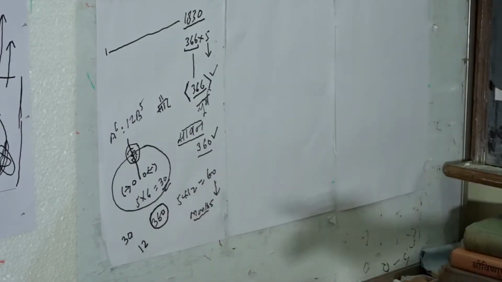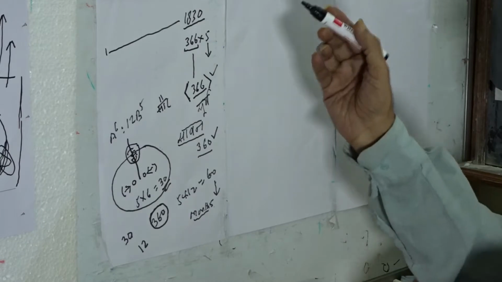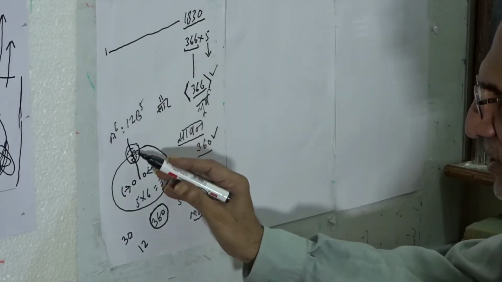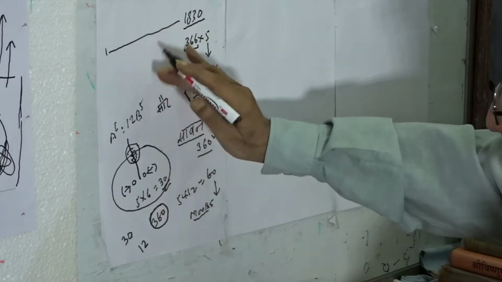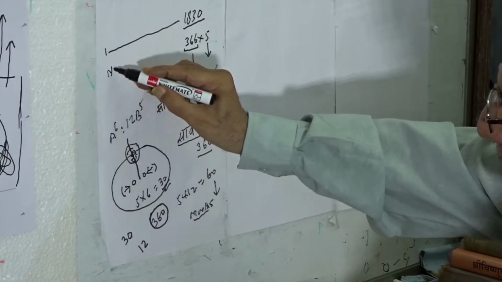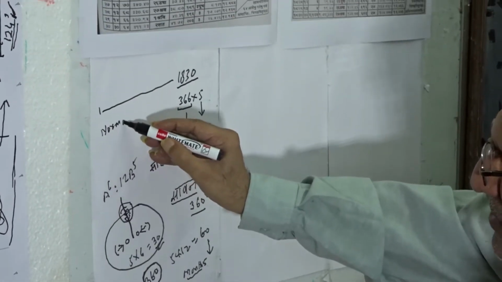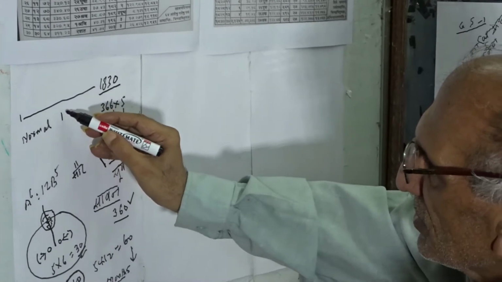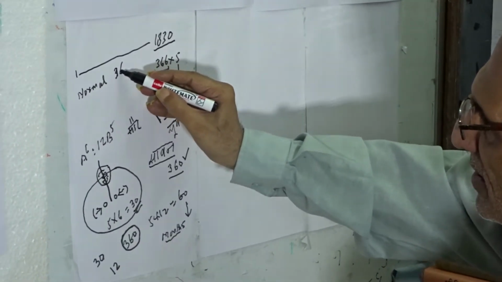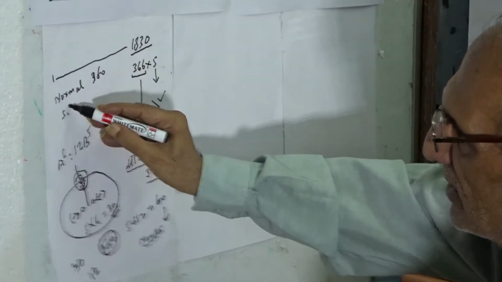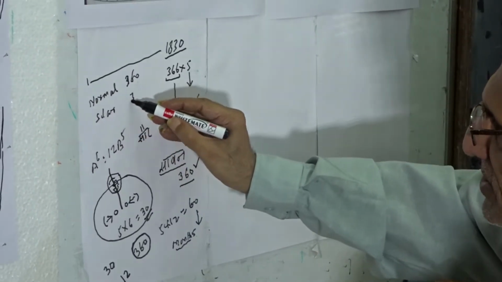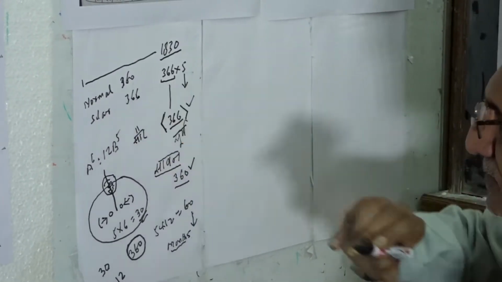It is this 360 days year which is called a Saman Varsh. So it is a normal year. Therefore, firstly we will have a normal year. This normal year is of 360 days. Then we have a solar year which is of 366 days.